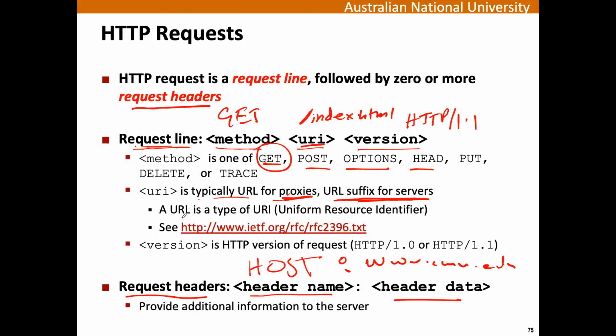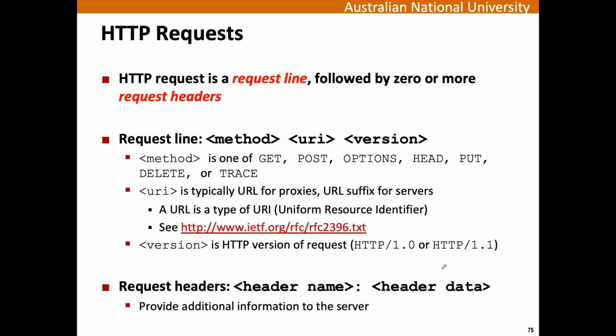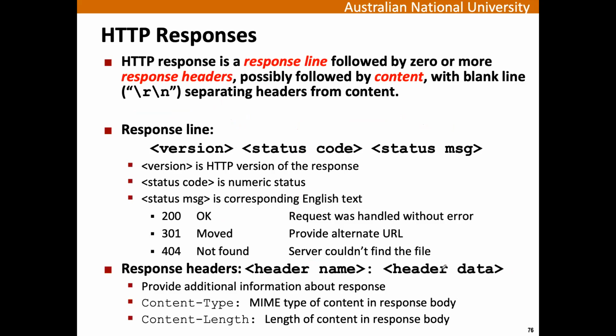So together the header and the request are telling everything to the server: get the home page, we are using this version of the protocol, and the server is in the header, host, and the domain name.